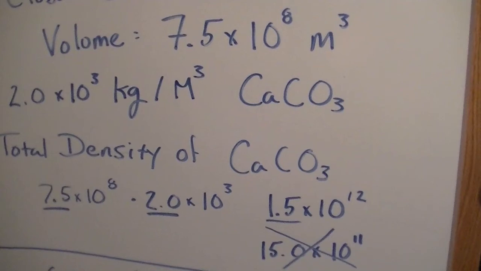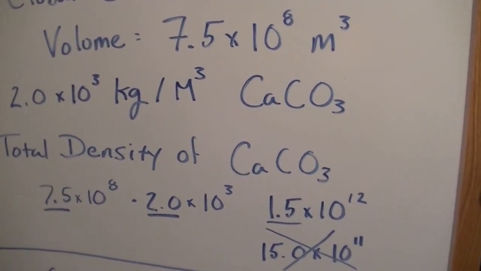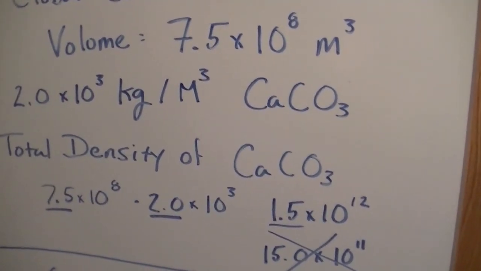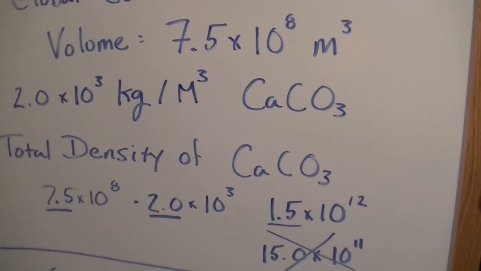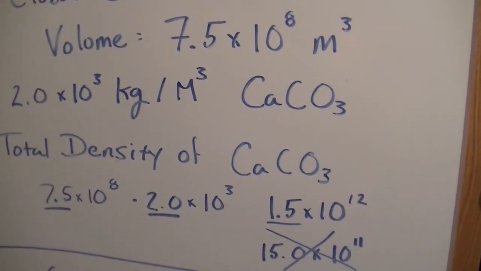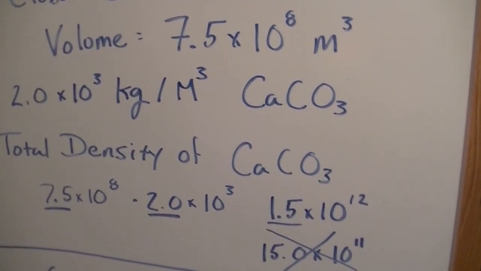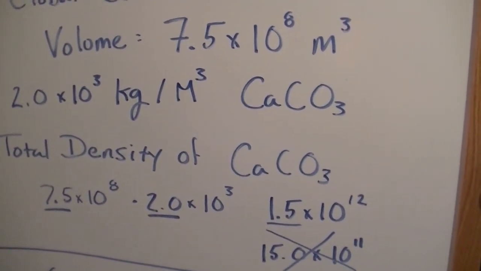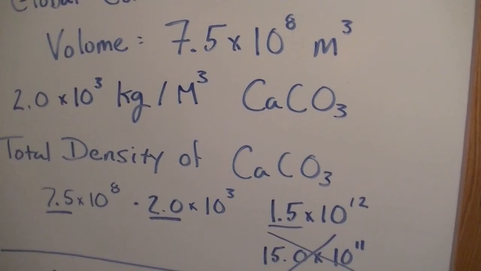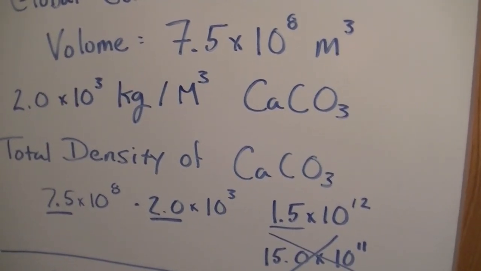So I'm going to slide my decimal spot over 1 to the left to make it 1.5, and then add one more exponent and end up with 1.5 times 10 to the 12th kilograms of calcium carbonate for our total global coral reefs.